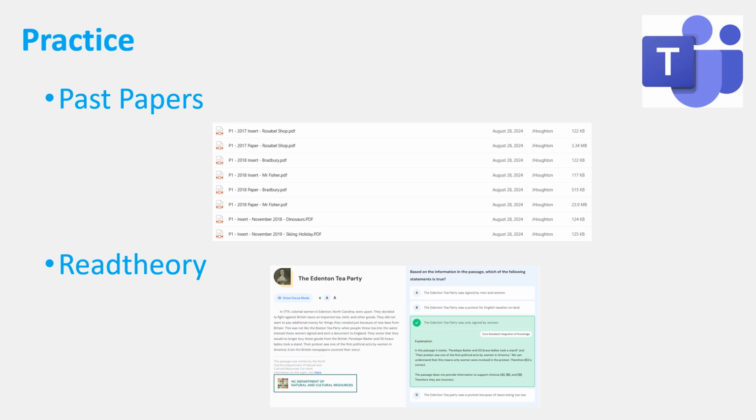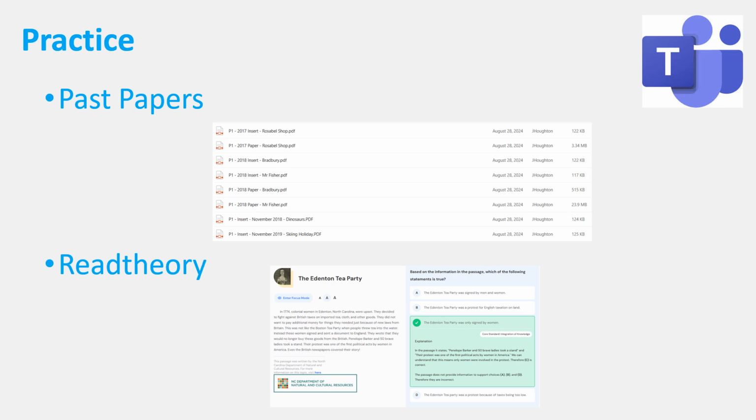And it also asks questions which build in a very similar way to the questions that you get asked on the English language exam. There are some pretty straightforward recall and retrieval questions. There are some inference questions. There are some questions which ask you to identify writers' methods. There aren't comparison questions like there might be in paper 2, but it is a really good resource.